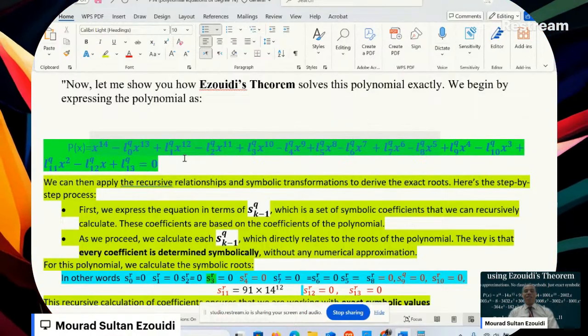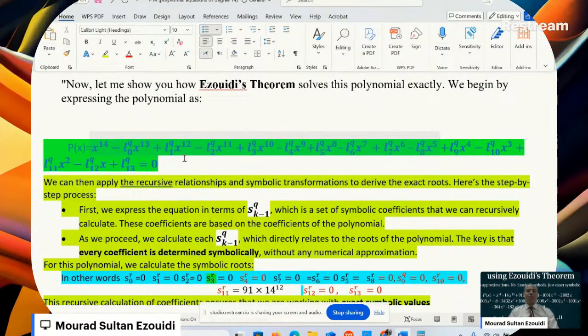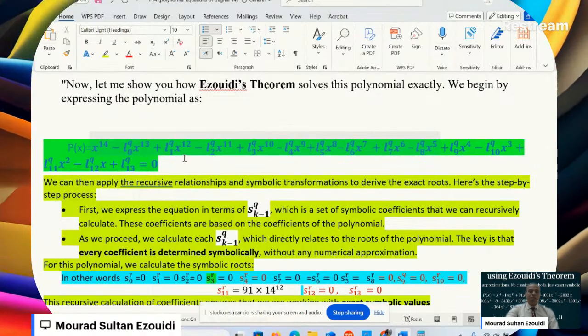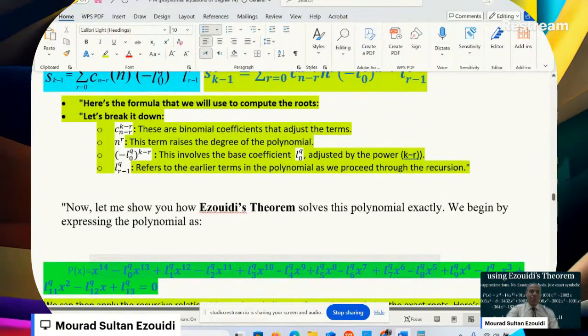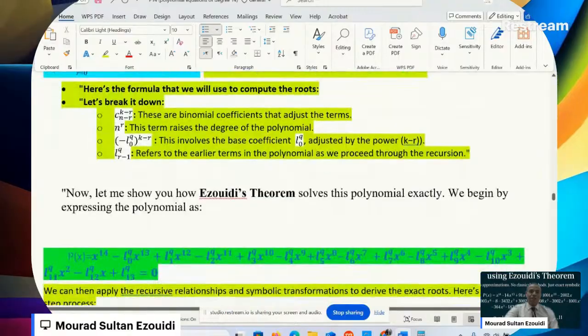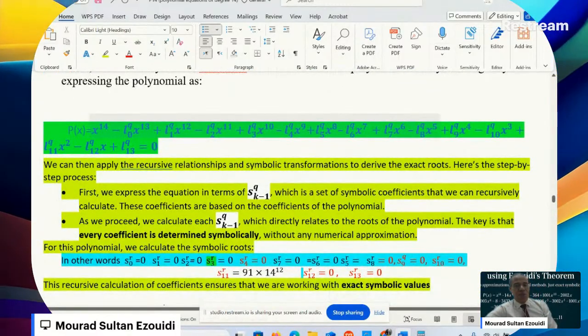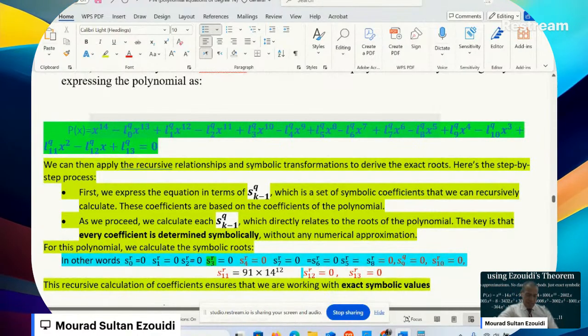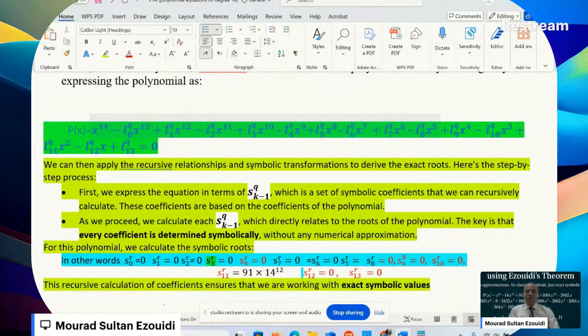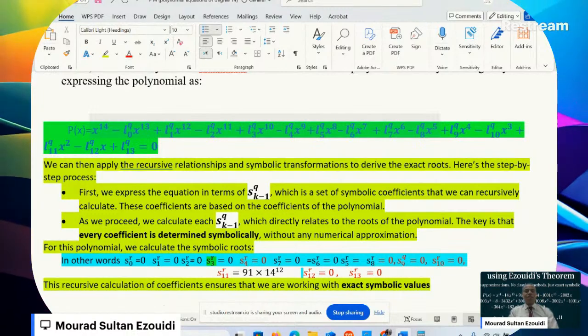First, we can express the equation in terms of Sk minus 1 and 42. This is the theorem, okay? Sk minus 1 of order r. So in terms of Sk minus 1 of 42, which is in fact a set of symbolic coefficients that we can recursively calculate.